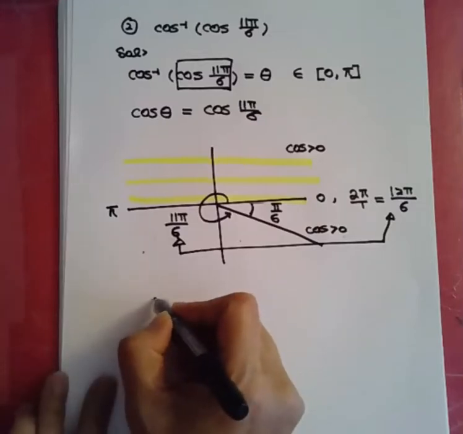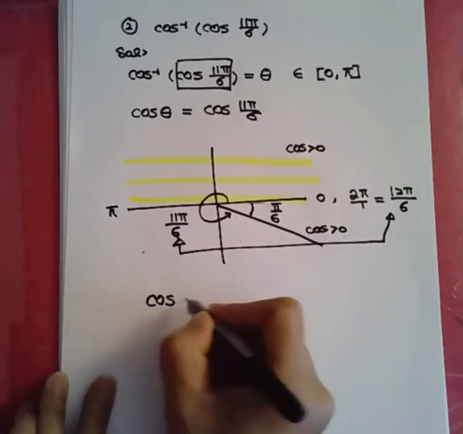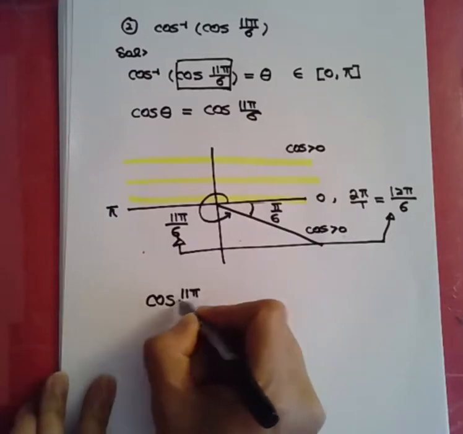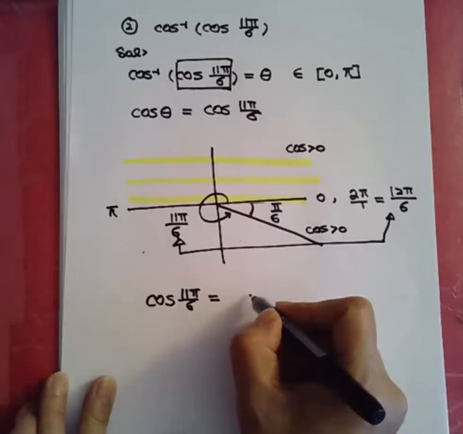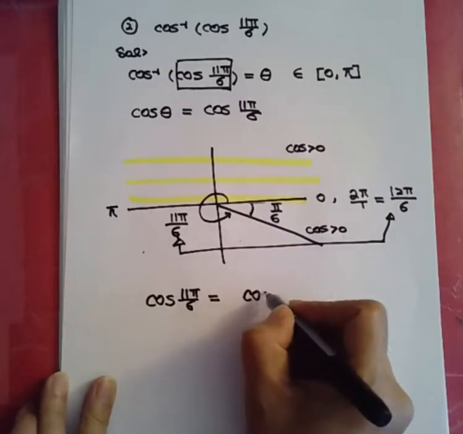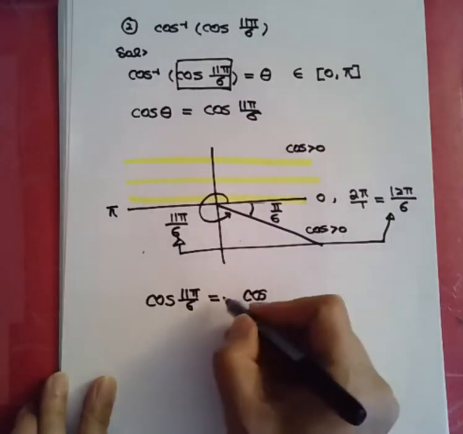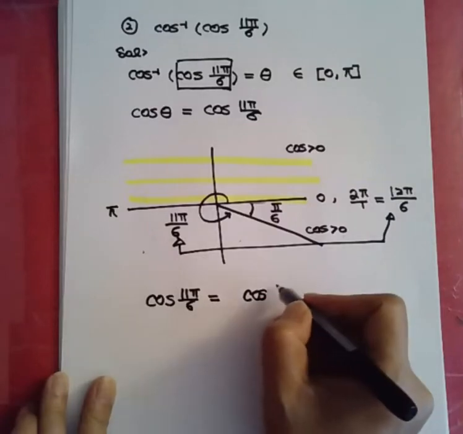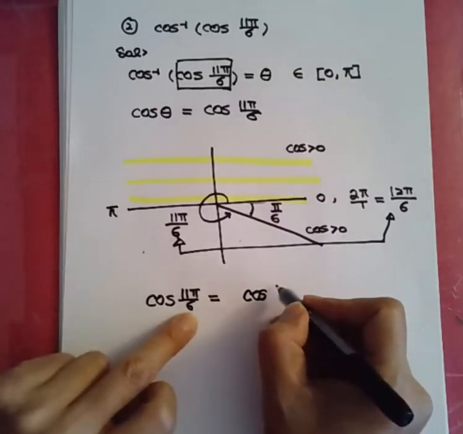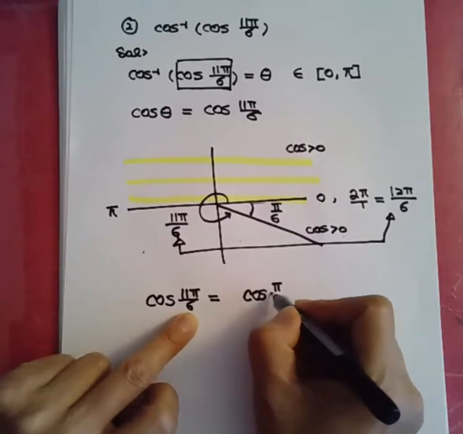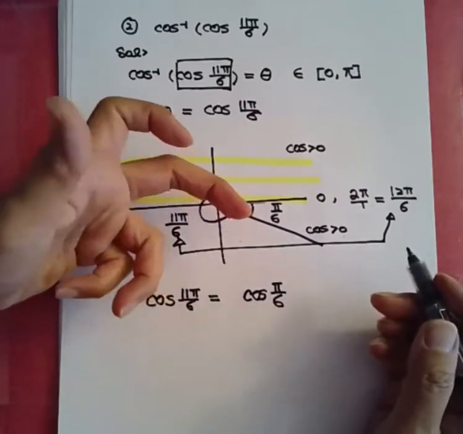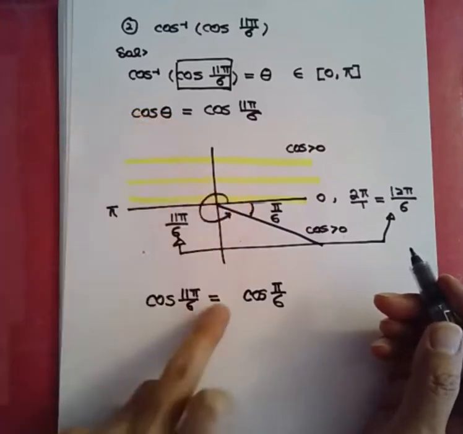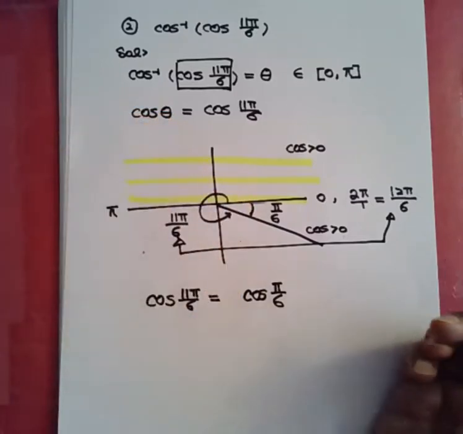So cosine of 11 pi over 6 is plus or minus cosine of the reference angle pi over 6. But in the fourth quadrant cosine is positive, so we don't put minus here.